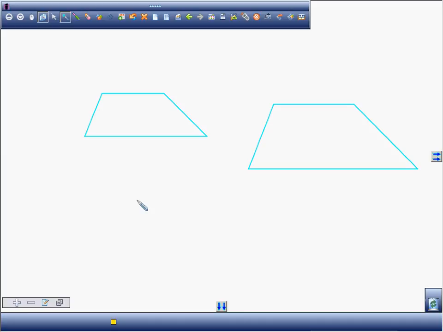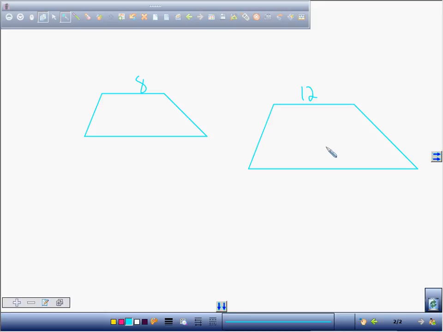All right. So say I know in this particular trapezoid that this is 8 and this is 12 and this is 10. And this is 10 over here.